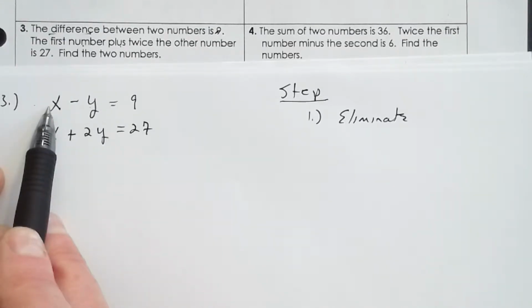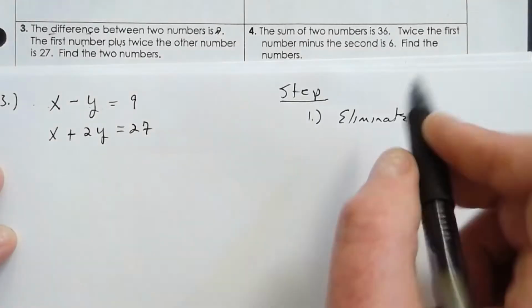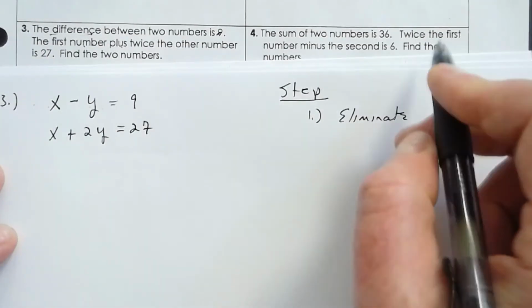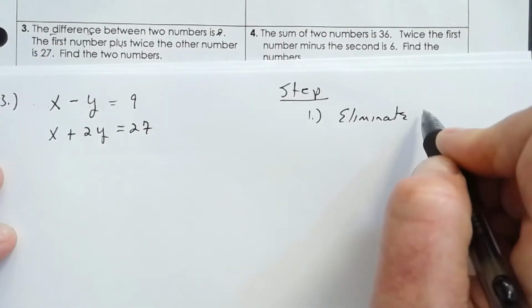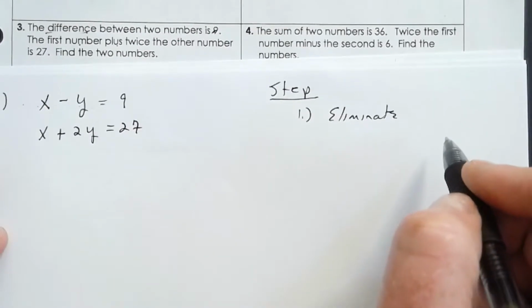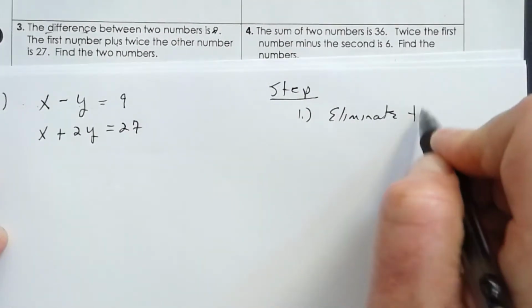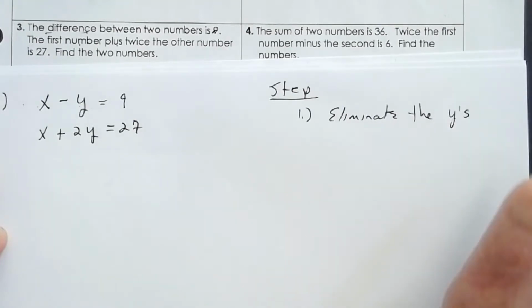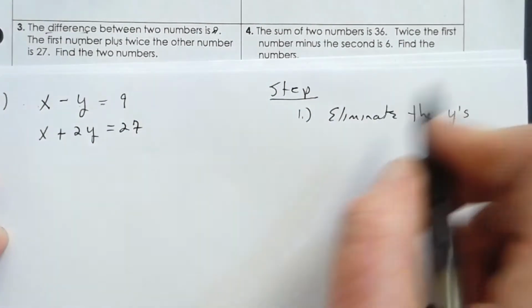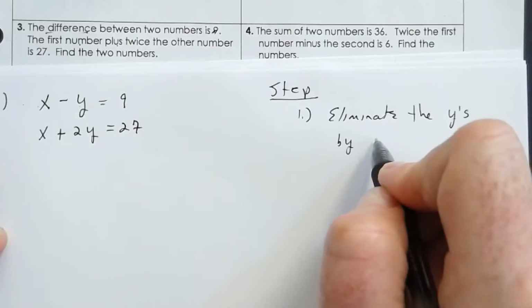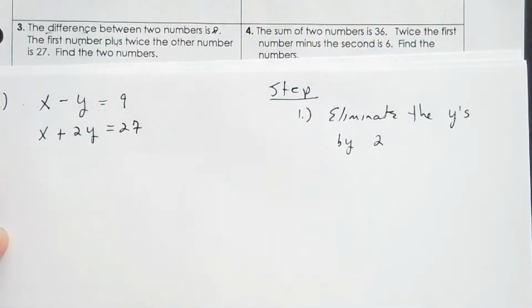Oh, it's already negative. So that's fine. So we can eliminate the y's, by multiplying by 2.